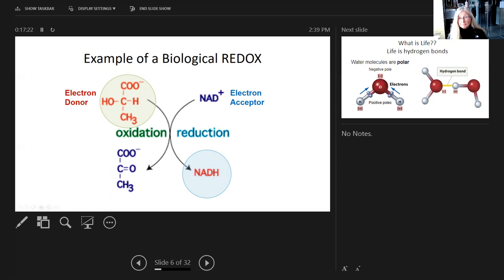So NAD accepts the electrons from the lactate, and it becomes the reduced form of NAD, which is NADH, written NADH. So now NADH is carrying those electrons, which, as I said, as soon as it encounters something else that wants those electrons more, it's going to give them up.